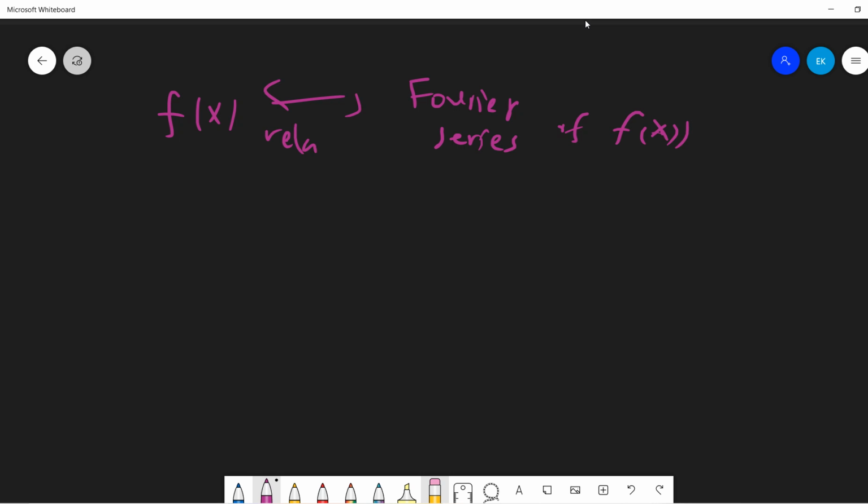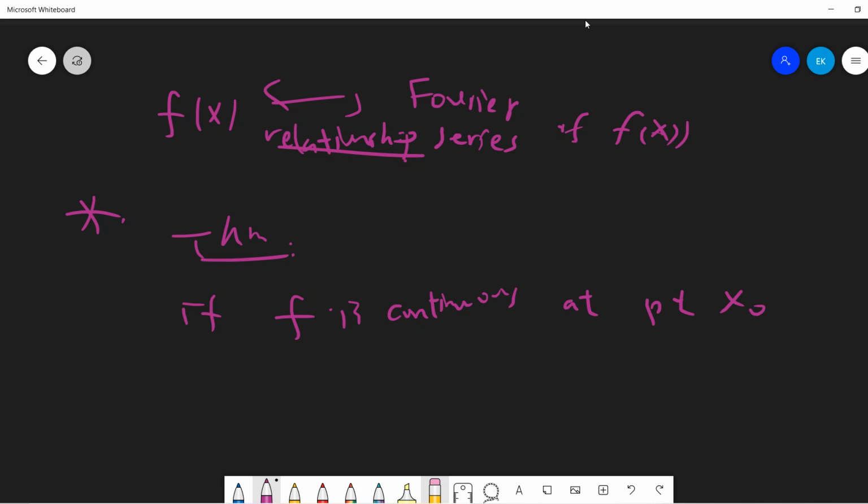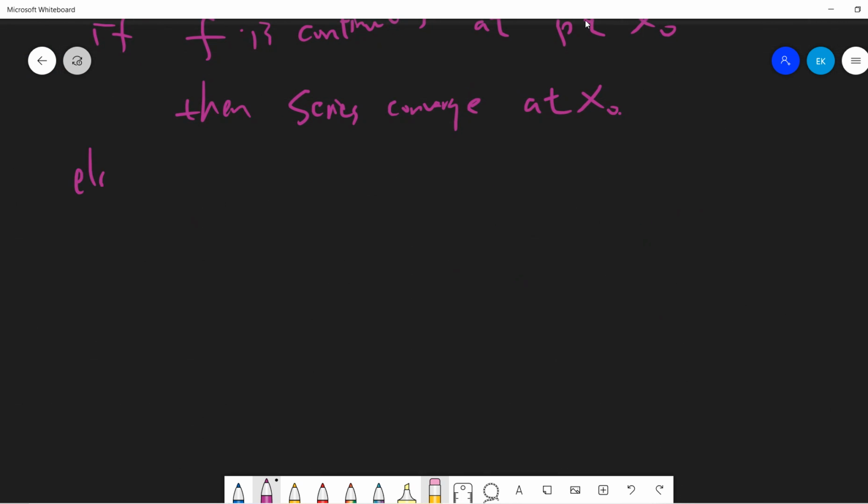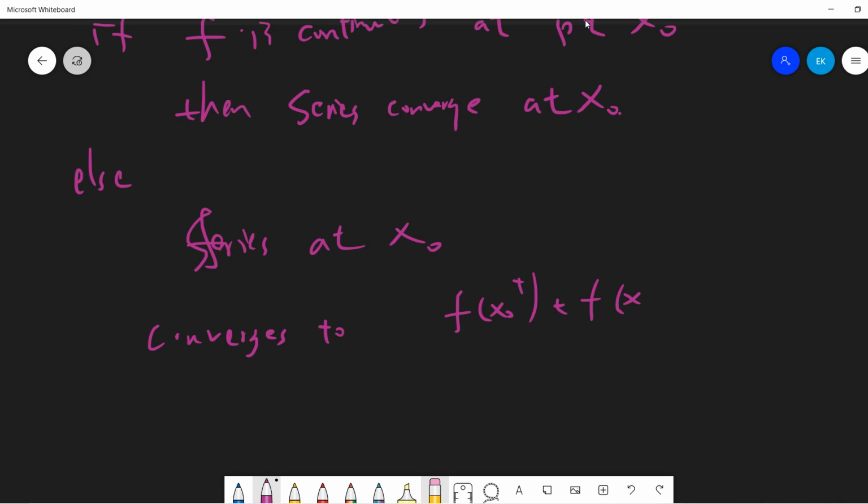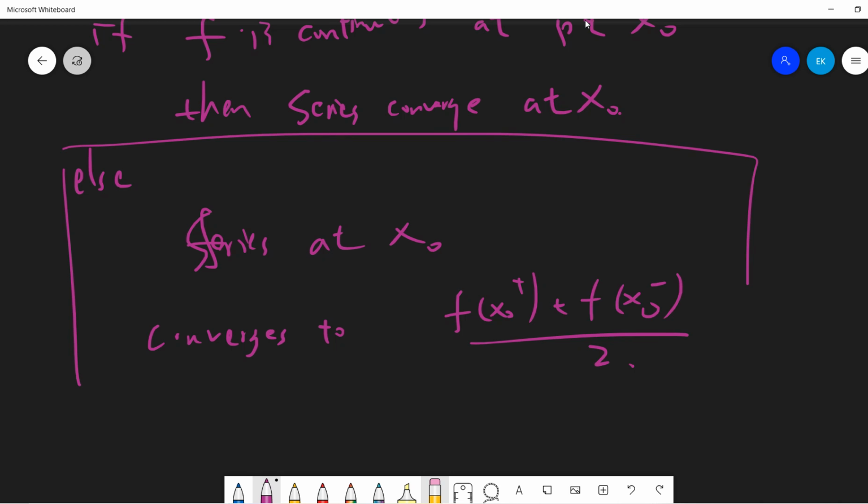The theorem basically says that if f is continuous at a point x naught, then the series converges at x naught. Else, the series at x naught converges to the right limit plus the left limit, divided by 2. So this is the theorem.